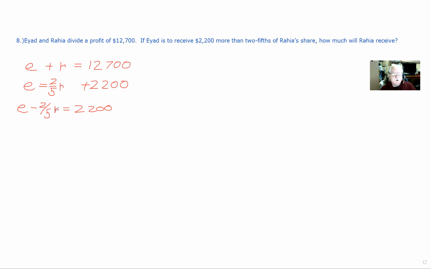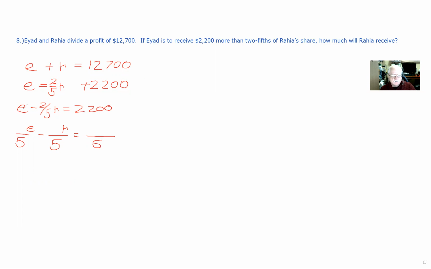So now, what are we going to do to get rid of that fraction? Well, we're going to put the whole equation over 5. We'll have something over 5 times E minus something else over 5 times R equals something else over 5.